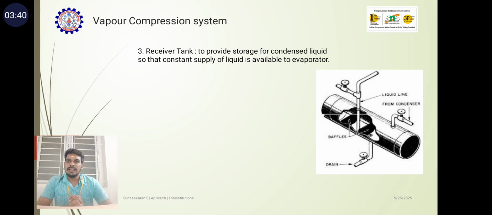The main function of the reservoir tank is to store the high pressure liquid refrigerant coming from the condenser. This ensures a steady and continuous supply of refrigerant to the expansion valve. It is particularly used in systems with large refrigerant charges or where varying operating conditions demand refrigerant buffering.